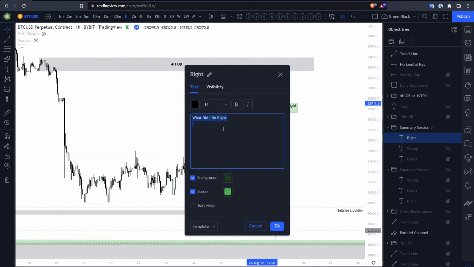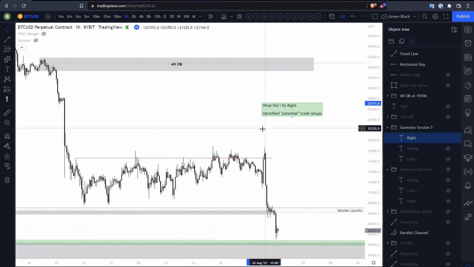So I'll summarize it as: identified potential trade setups, and the emphasis is on the potential. Once the price arrives there, I can look for a proper reaction, a change of market structure, before entering the trade.